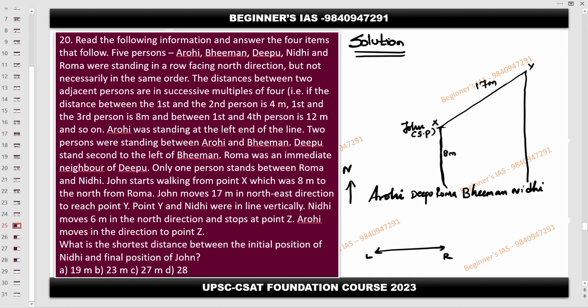So this total is 8, and 6 is less than that, so this is going to be 2 and this is going to be 6. Now Niti is standing at this point, and that point is Z. Now Harogi moves in the direction of point Z. Therefore Harogi is moving in this way.